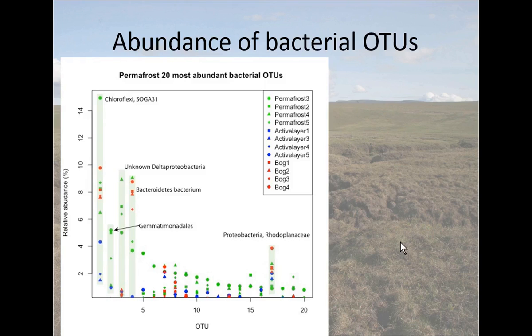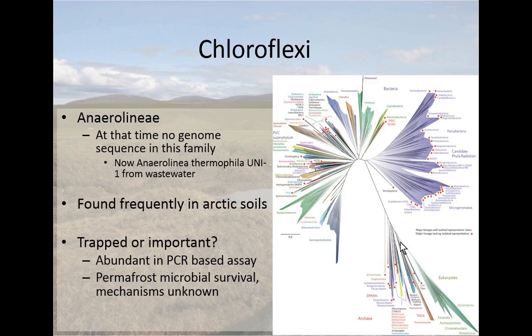And I was really interested in the chloroflexi, and especially after I plotted the individual OTUs based on their relative abundance, I could see that there was one individual chloroflexi OTU that was highly abundant in all of my permafrost samples, as well as some delta proteobacteria. At that point, there was no reference genome for that chloroflexi.